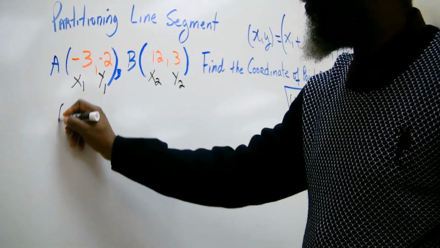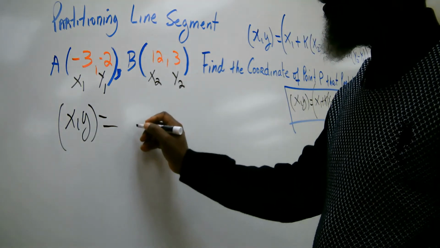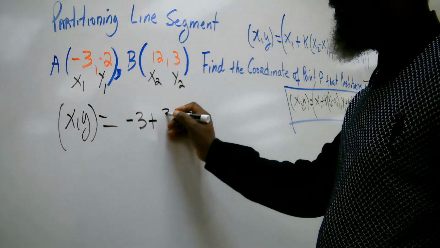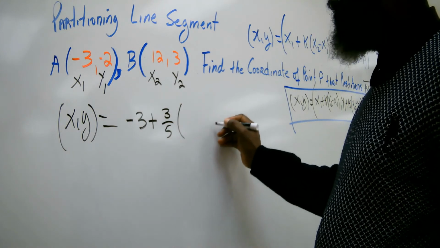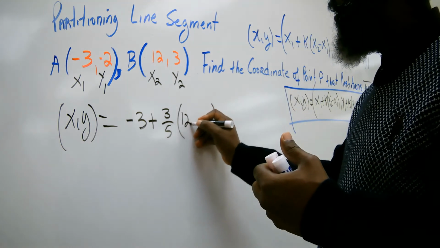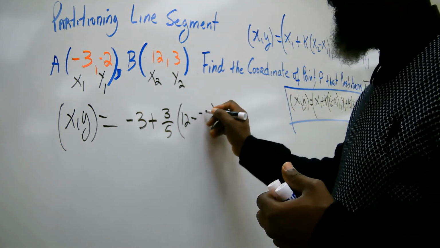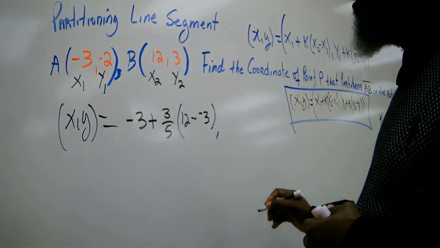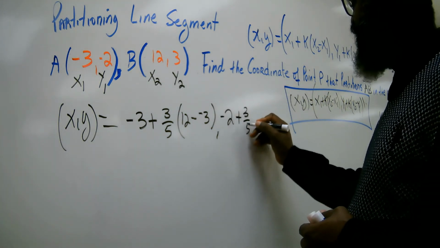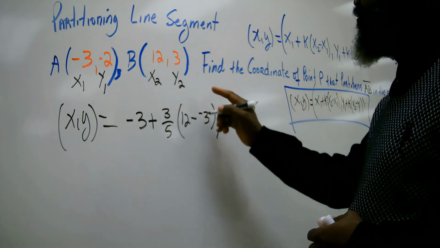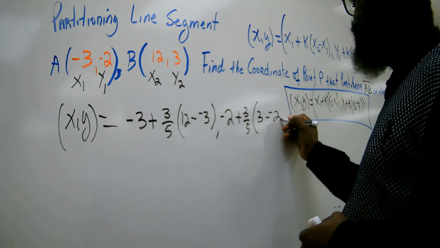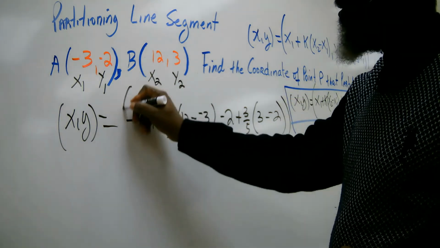The point we are looking for is equal to x1, which is negative 3, plus k, which is 3/5, times the difference of the x coordinates, that will be 12 minus (-3), comma, y1 which is negative 2 plus k, which is 3/5, times the difference of the y coordinates, that will be 3 minus (-2). So this has been set up.